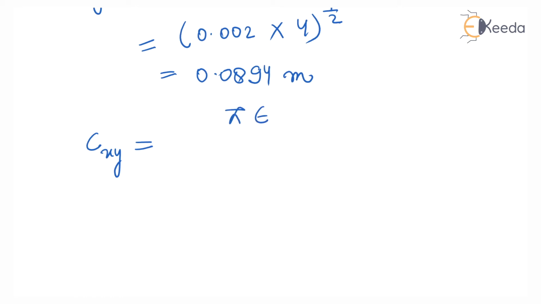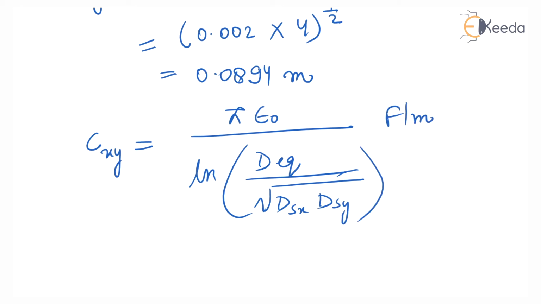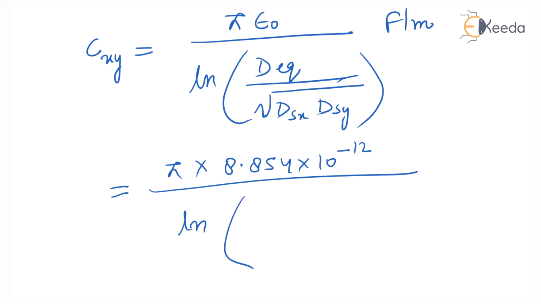Now put the value of DSX, DSY and D equivalent for the capacitance calculation of conductors X and Y. So this is equal to pi epsilon naught upon log of D equivalent upon under root DSX into DSY, farad per meter. Now we know that epsilon naught is equal to 8.854 into 10 to the power minus 12, upon log of D equivalent.